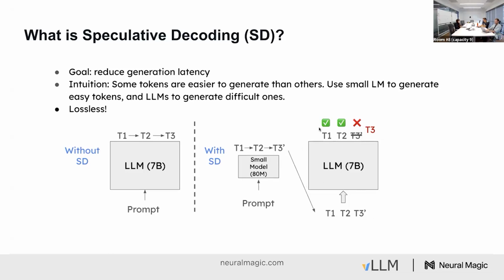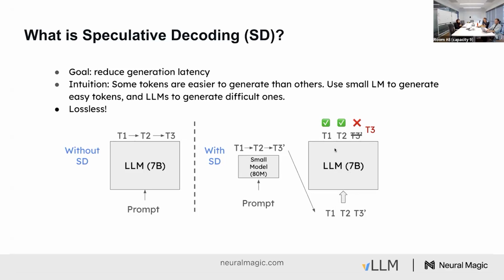Then you send those tokens to the large model for verification in a single batch. You send T1, T2, T3 prime to the large model, and the large model will tell you that T1 and T2 are correct, but T3 prime is incorrect, so the correct answer is T3. Notice that in a single forward pass of the large language model, you verify 3 tokens and generate T1, T2, T3.